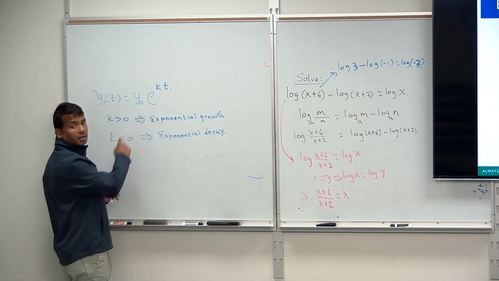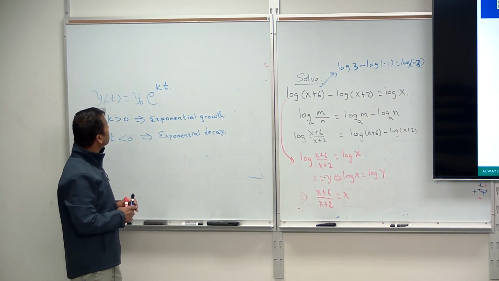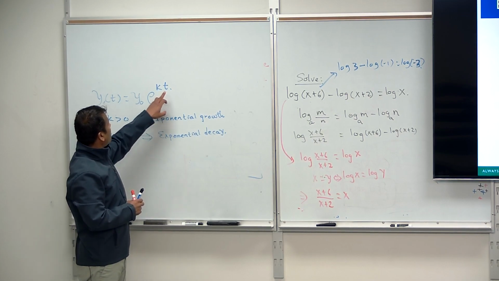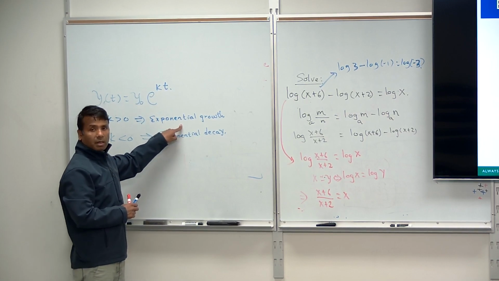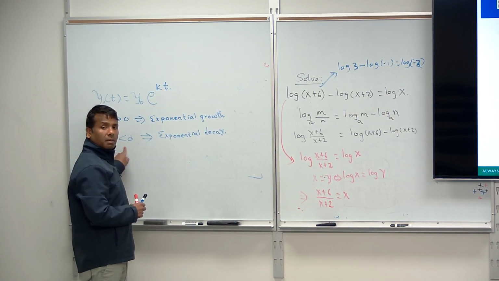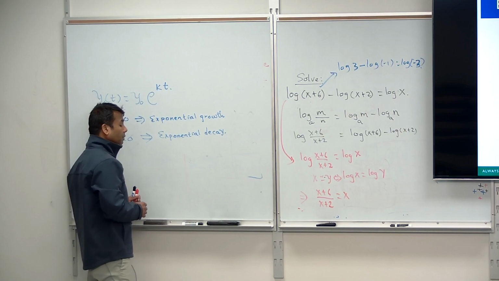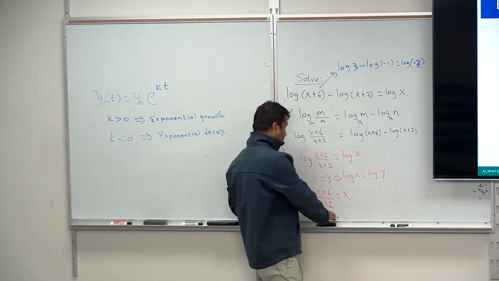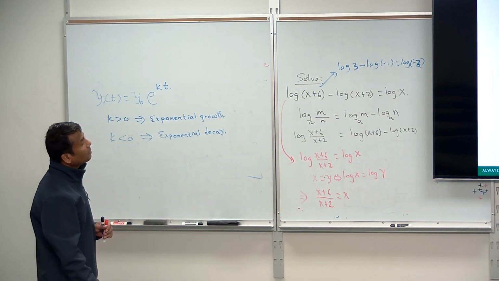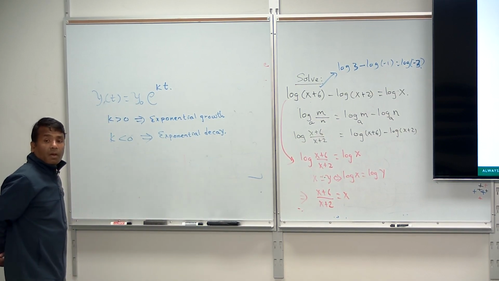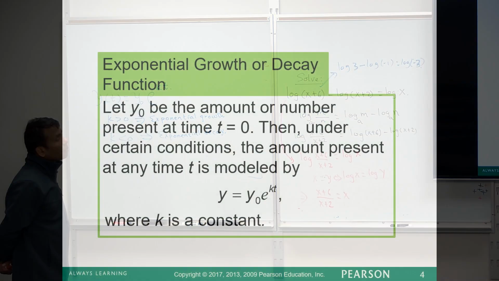And e is the exponential number, t is time, and k is a constant. If k is positive, exponential growth. If k is negative, exponential decay. Make sense, guys? Did you get it?